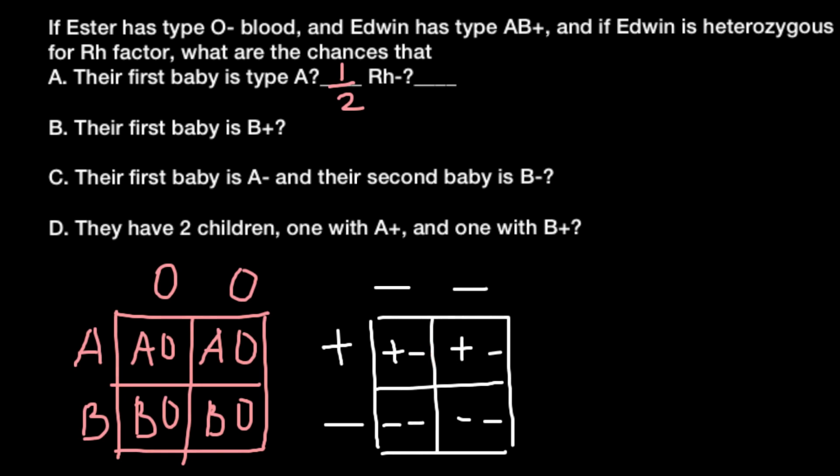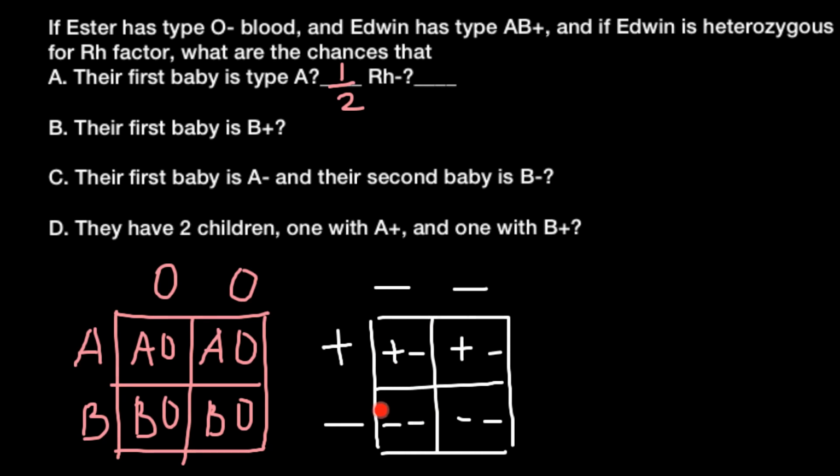So when we have one chromosome that has a gene that doesn't produce a protein that we can find on the surface, but another chromosome makes this surface protein, we still have phenotypically positive Rh factor.